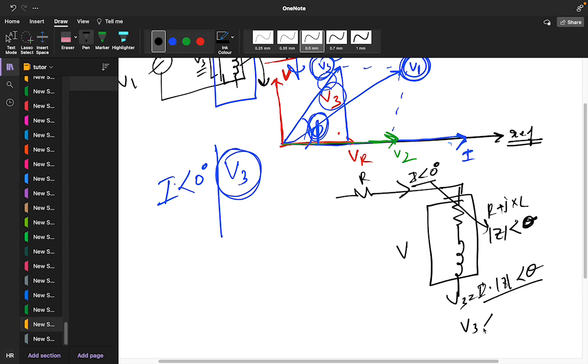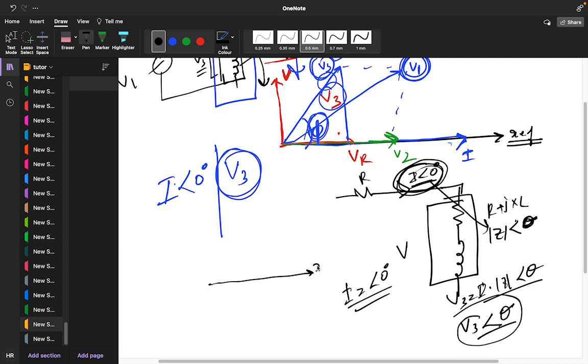So V3 is at an angle, how much angle? Theta angle. And your I is at how much angle? 0 angle. So you have to see the angle between your current and your load voltage. So load voltage is your reference point. From the reference point, V3 you are getting at an angle theta.